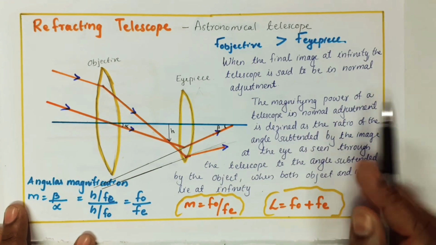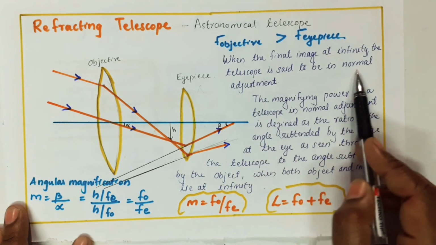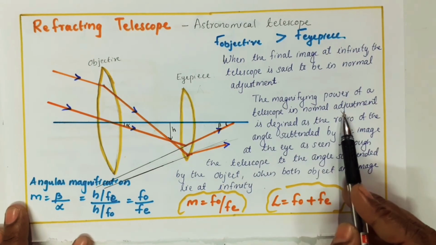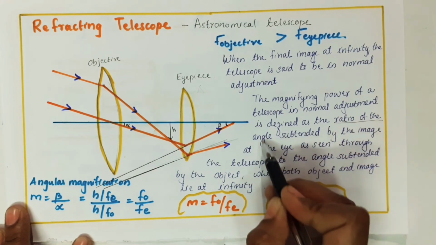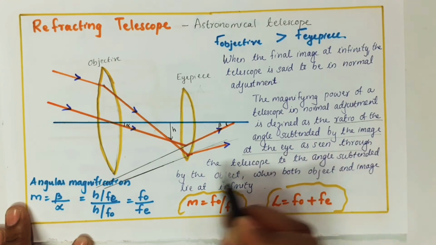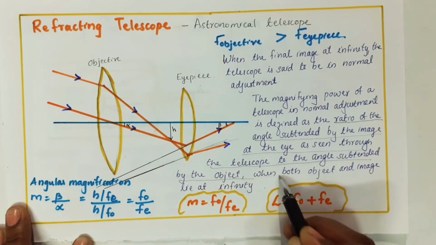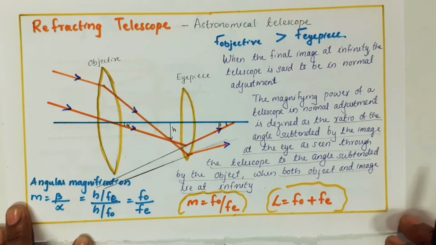When the final image is at infinity, the telescope is said to be in normal adjustment. The magnifying power of a telescope at normal adjustment is defined as the ratio of the angle subtended by the image at the eye as seen through a telescope to the angle subtended by the object, when both object and image lie at infinity.